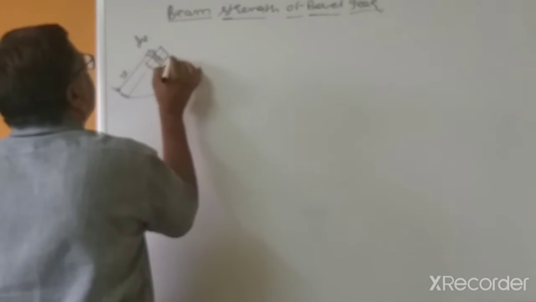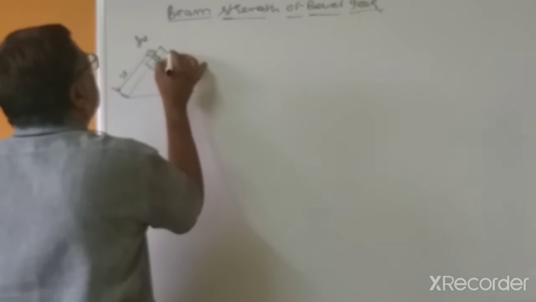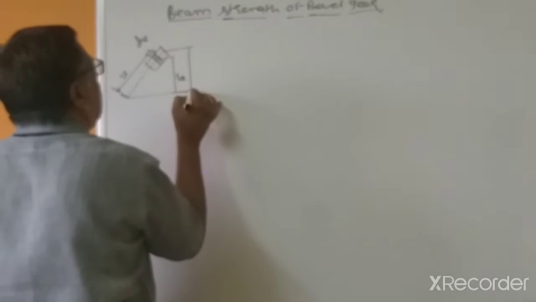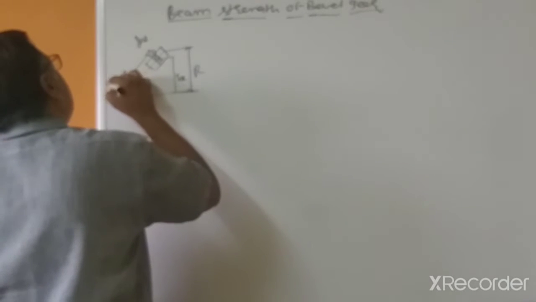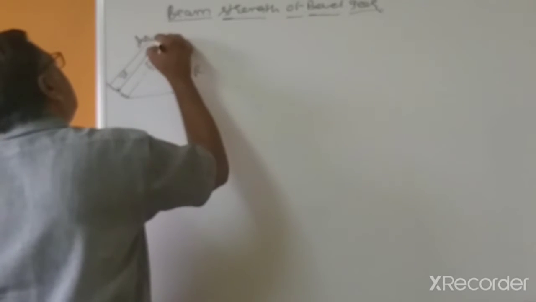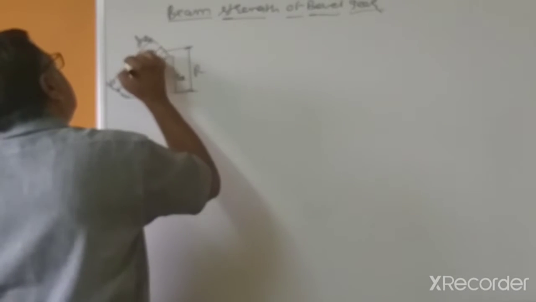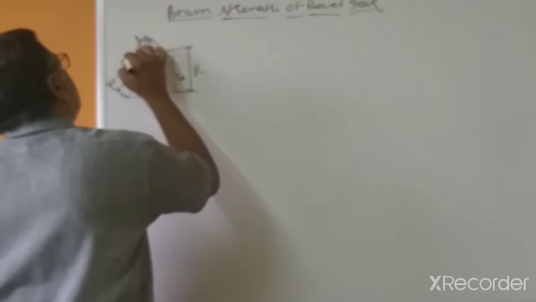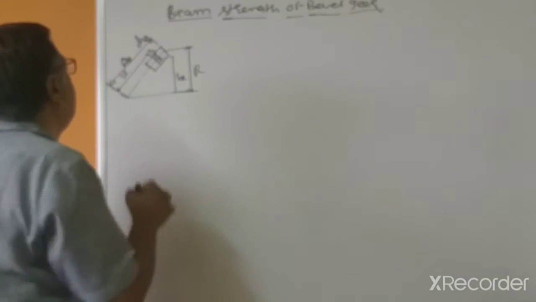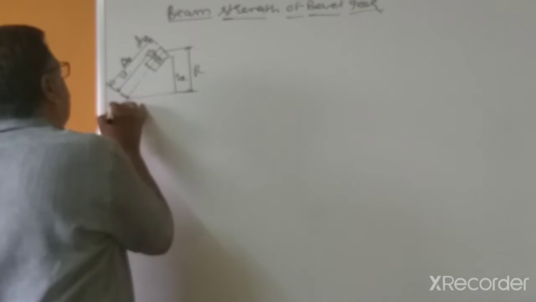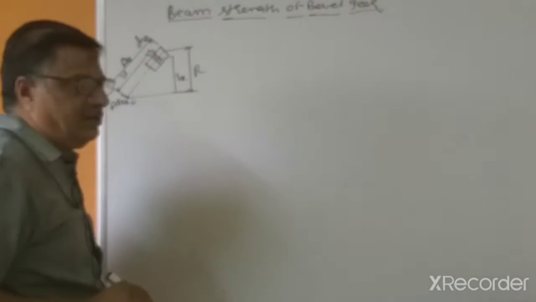So this is Rx and this is capital R, and the cone distance, up to the end of the tooth, is equal to A0. So this is the cone distance, and this is the apex, point O.